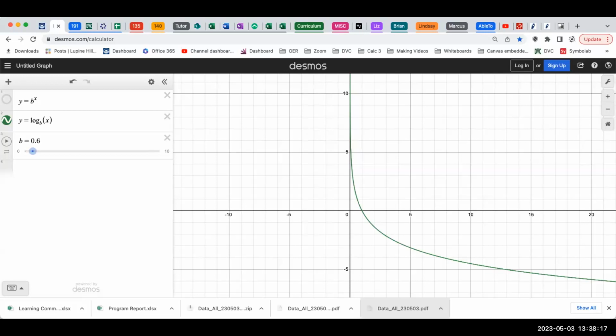Because it's also true if b is less than 1, like a half or a third. Yeah, I know, so specific.